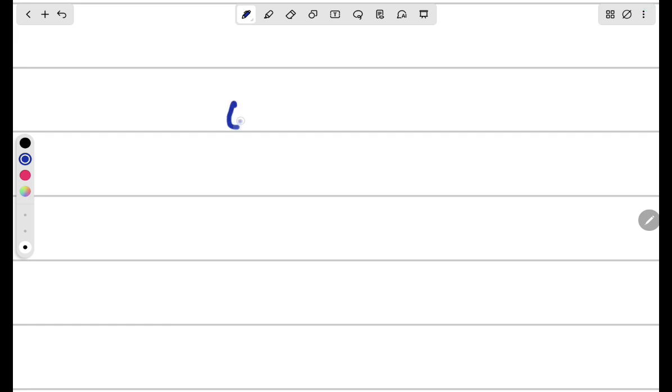Complex numbers. All right, let's go to the second part of imaginary and complex numbers, specifically complex numbers.